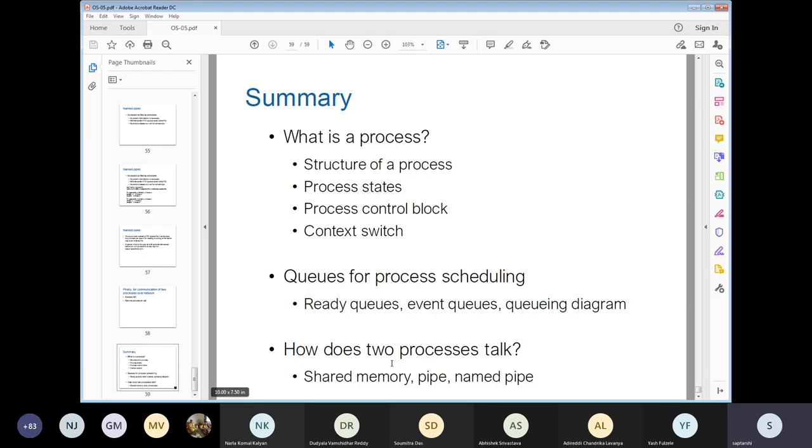And finally, we discussed how processes communicate, and we discussed shared memory, pipes, and named pipes. We also discussed creation of a process, one process waiting for another, and so on.